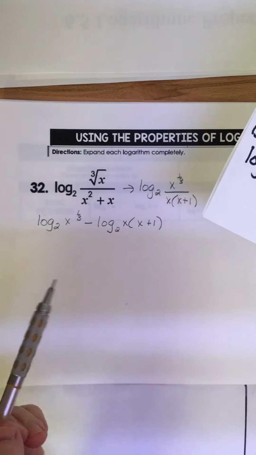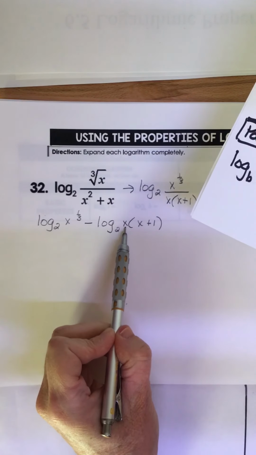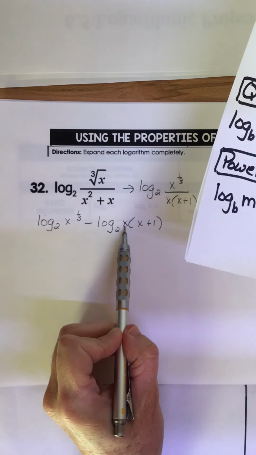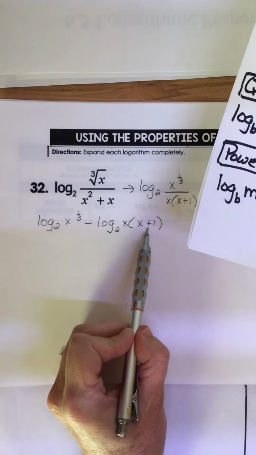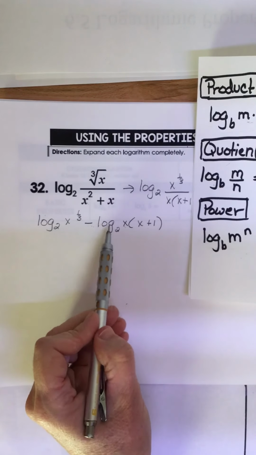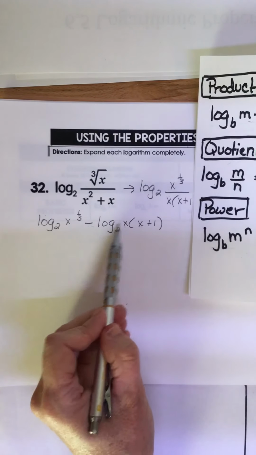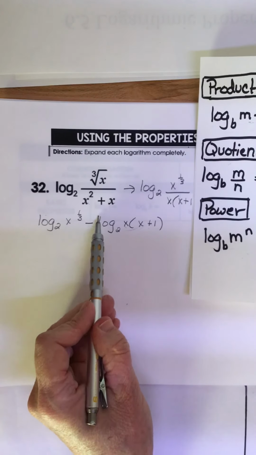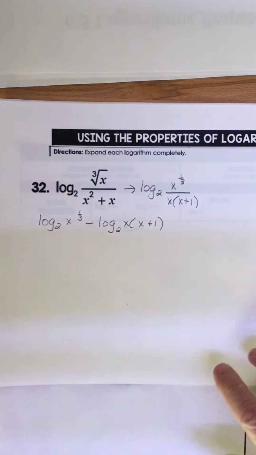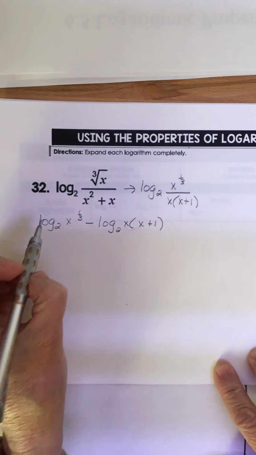Now on this one, it's going to be a little bit more challenging because we have x being multiplied by x plus 1, all right? And so now, remember that if we're going to continue to expand, we have to put all of this in parentheses here, okay? And I'm going to go ahead and use the power rule with this one.